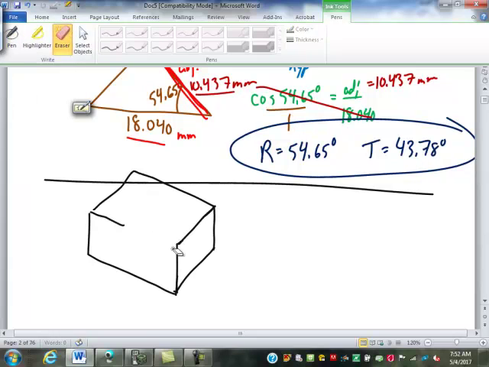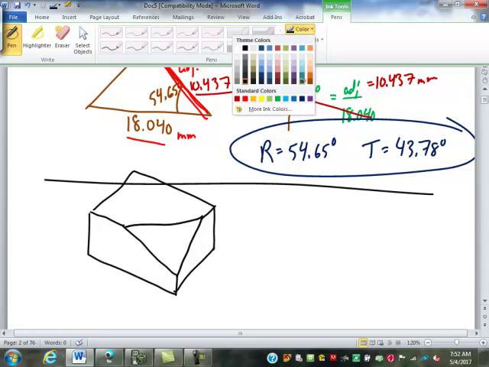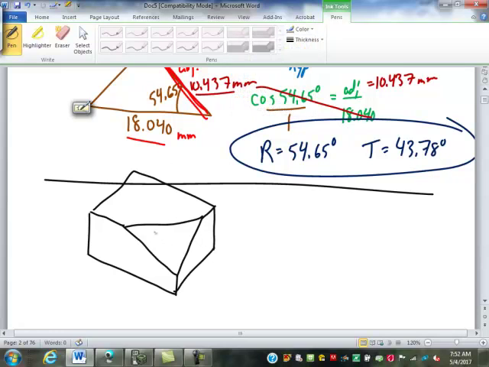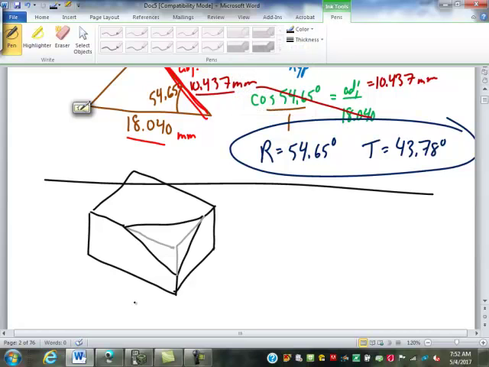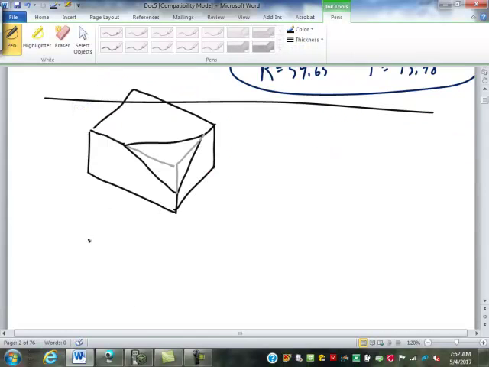So again, we're going to cut off the corner. So I'm drawing the shadows here. So if I'm looking at it from the top, it looks like this.